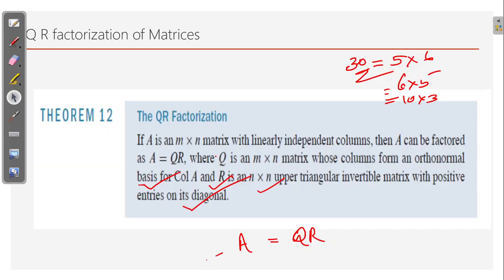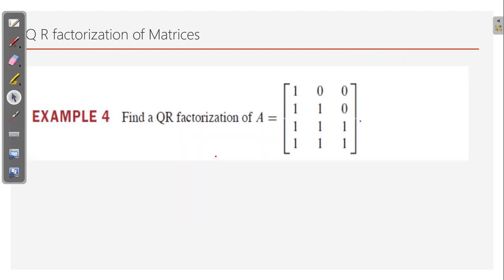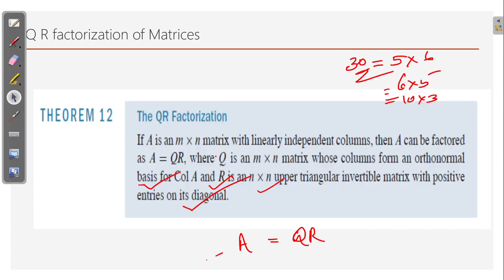Now we will explain this QR factorization of matrices with an example. Orthonormal basis means, if you have an orthogonal basis, then you normalize it. That means we have the orthogonal basis set v1, v2, v3. Then the orthonormal basis is obtained by normalizing these vectors.